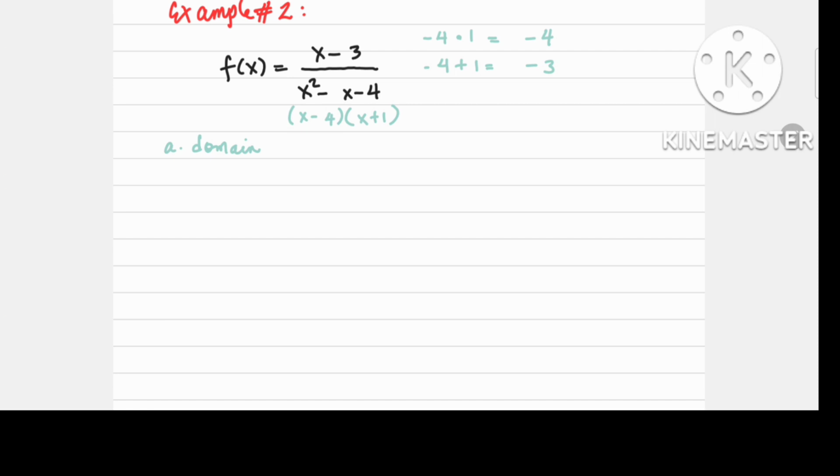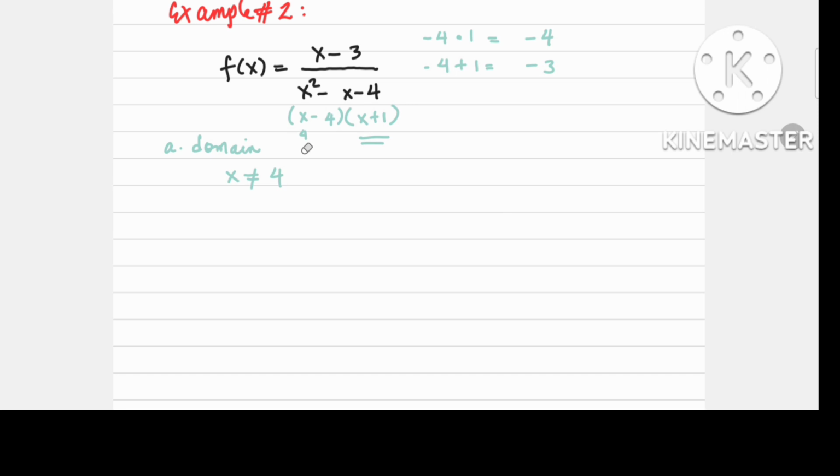Going back, so how many values now are not allowed or not included in the domain of this function? Yes, we have 2. X cannot be 4 because when this is 4, then we'll have 4 minus 4. This is 0. And if this becomes 0, whatever the value of this, their product is 0.